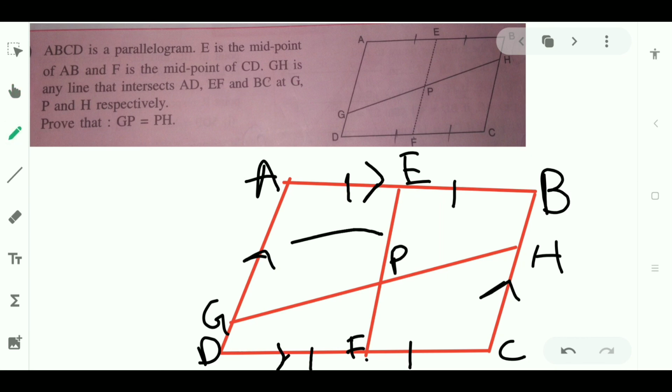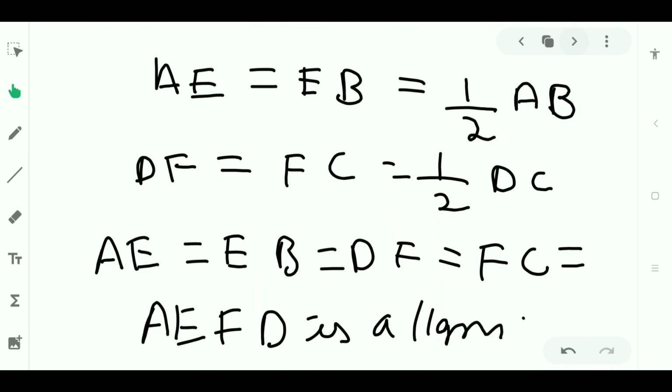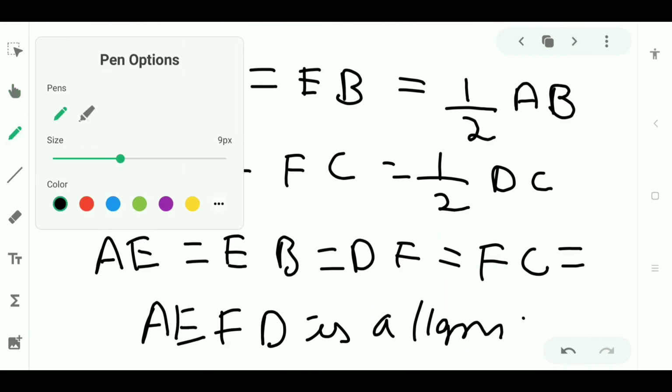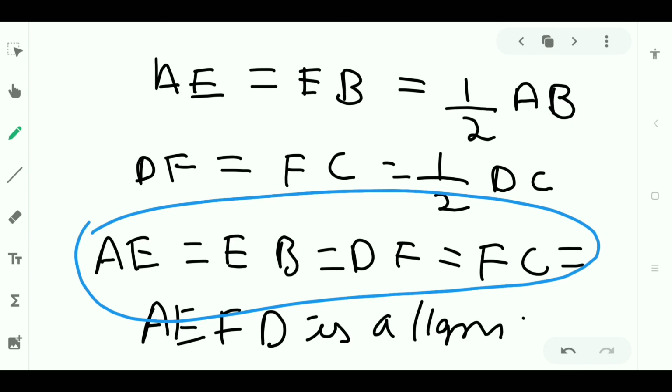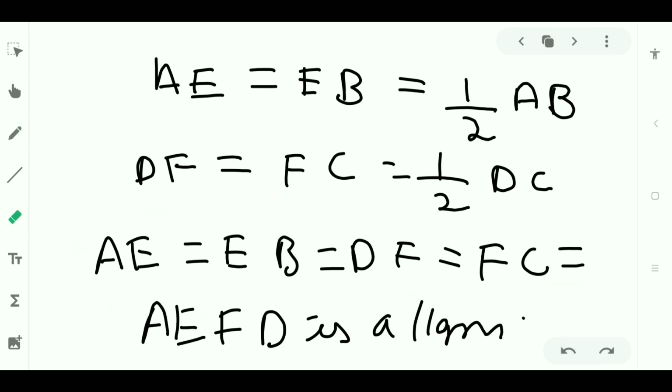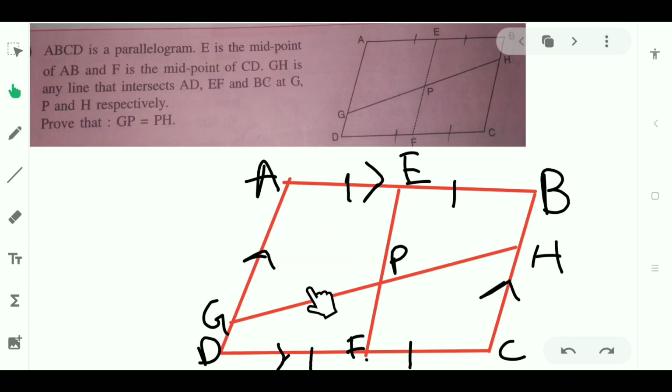So AE also will be equal to DF, and AE also will be parallel to DF, because these are points lying on AB and CD respectively. So these two lines are parallel to each other, and they are also equal. Just now we have proved it over here. So one pair of opposite sides are equal and parallel, so AEFD is a parallelogram.